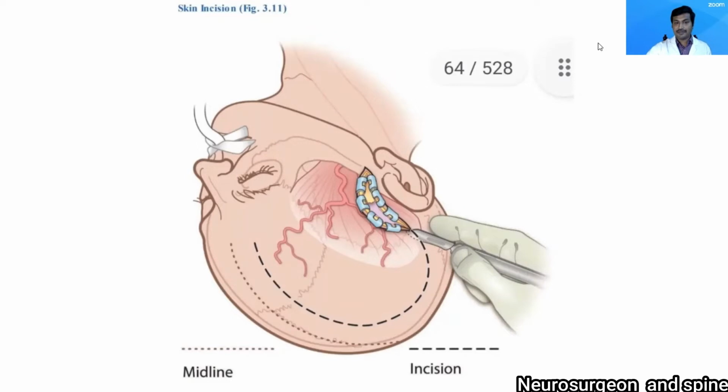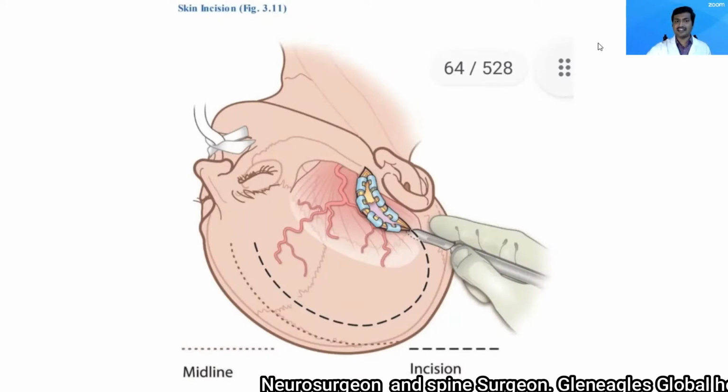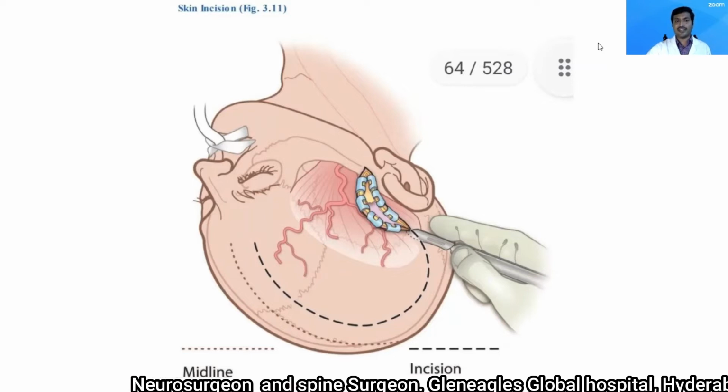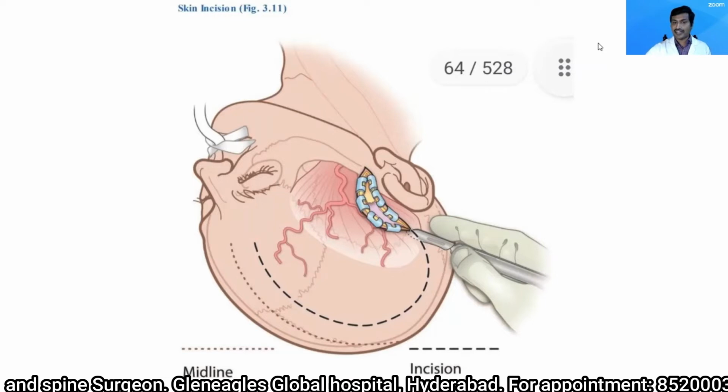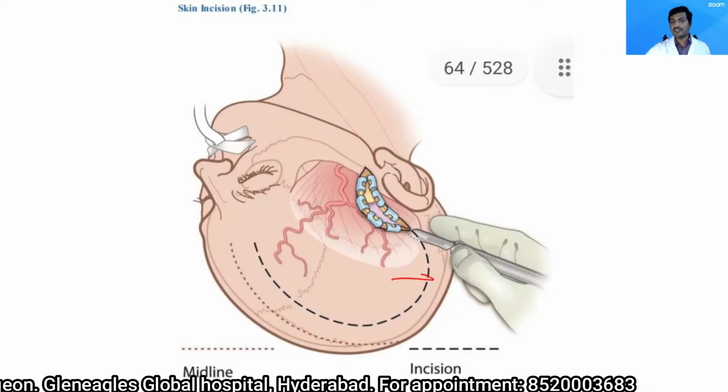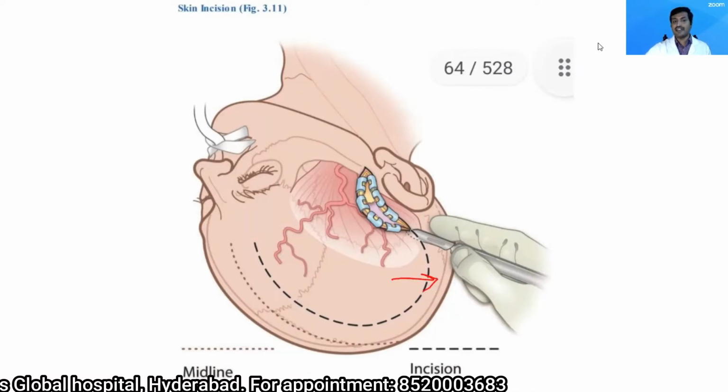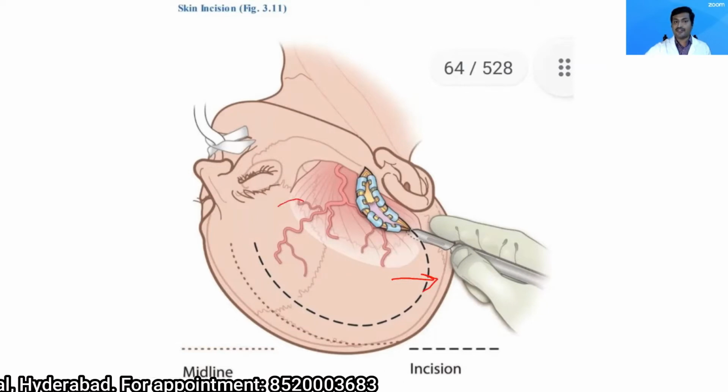Even the skin flap for a modified pterional is nearly the same as a classical Falconer flap, which you take for decompressive craniectomy. But depending on the incision, you can taper the posterior extent of the flap. If it's a lateral frontal contusion, the flap needn't be so large.